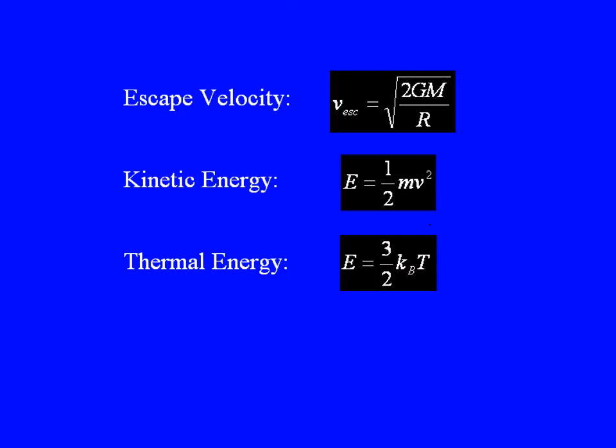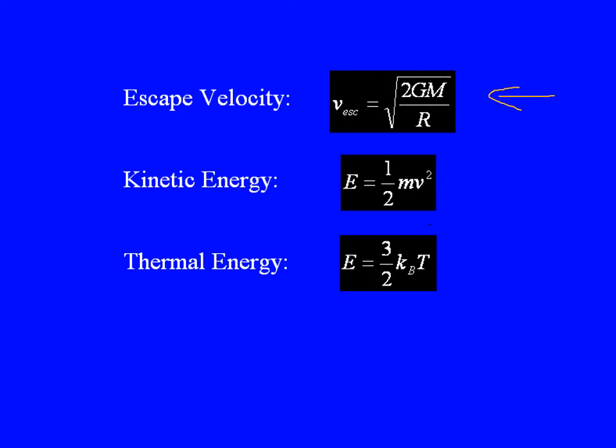In physics, we realize that there's a certain escape velocity. The escape velocity is how fast you have to be going to get away from something. And so that's equal to the square root of 2 times G, which is the gravitational constant, times the mass of the world divided by the radius of it. The bigger the mass, the harder it is to get away.